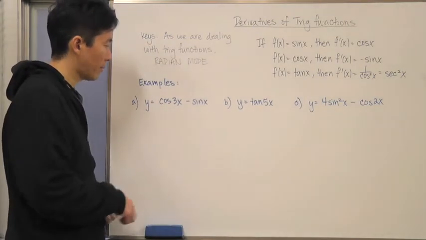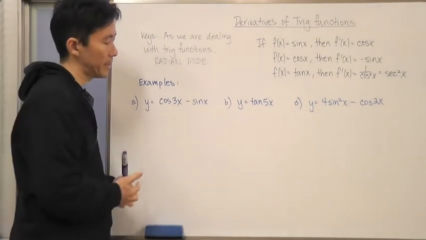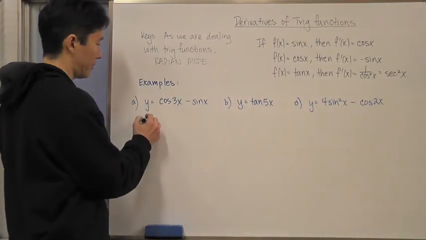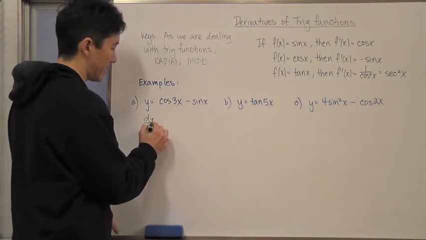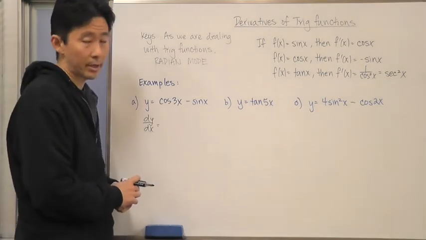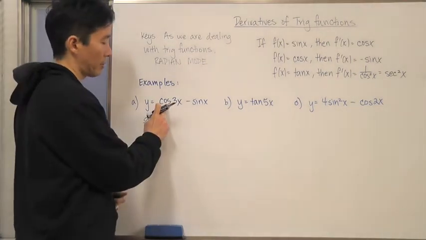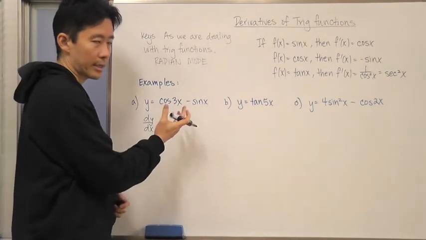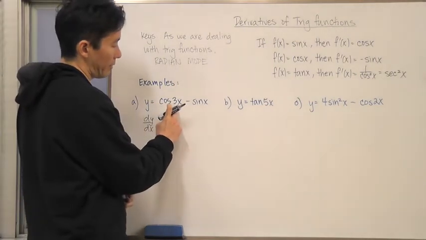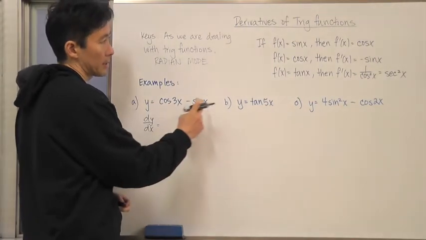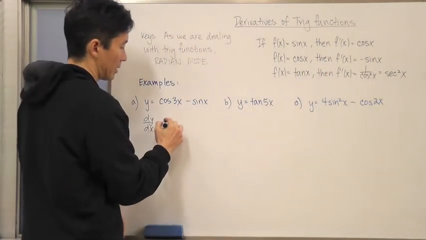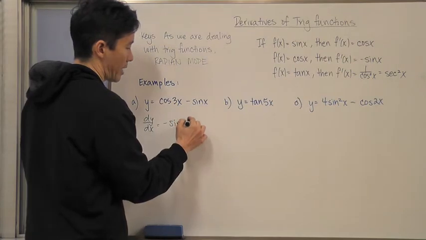So say for example we have y is equal to cosine of 3x minus sine x. If we were to take the derivative, dy/dx, notice that this is going to be a composition of functions. You have the cosine, and then you have 3x as being the composite part. So we need to take the derivative of the cosine 3x, which is just going to be minus sine of 3x.